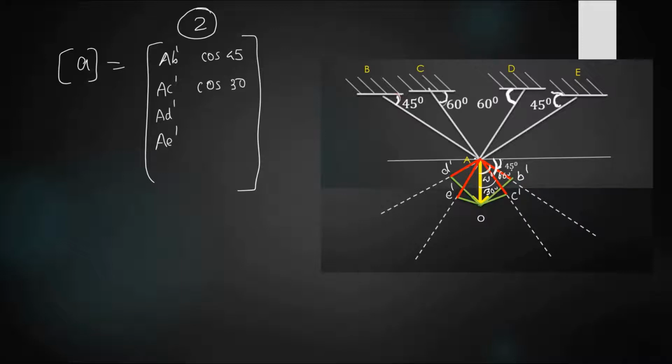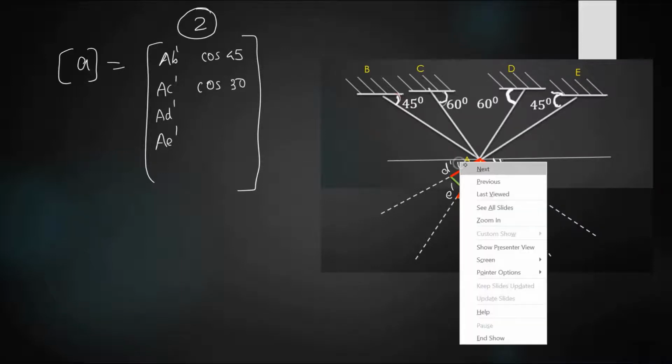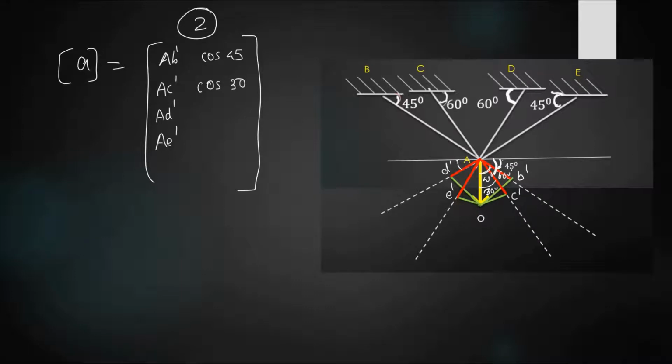And from triangle AOD dash, since this angle is 45 degree, this angle will also be 45 degree. Let me name this one as D dash. This angle is 60 degree, so this one is also 60 degree.